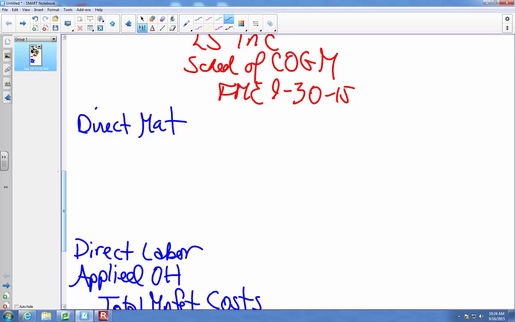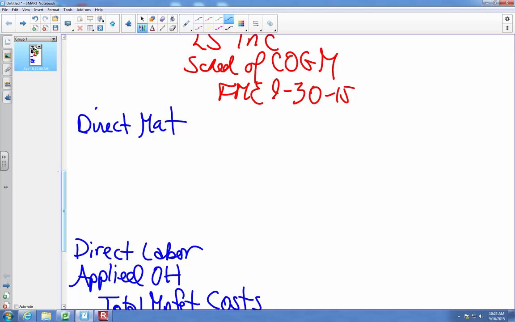It goes into the storage room until it's requisitioned. What account does it go into until it's requisitioned? Raw materials inventory. So what's all in raw materials inventory? Everything. Direct materials and indirect materials. And they all sit in the warehouse until they're requisitioned onto the production line.